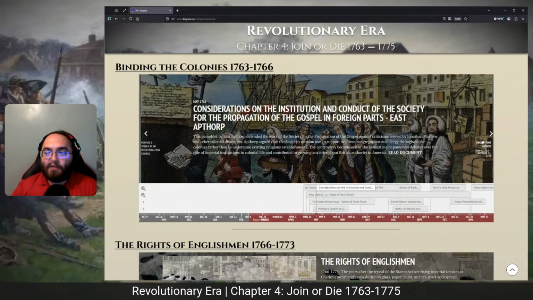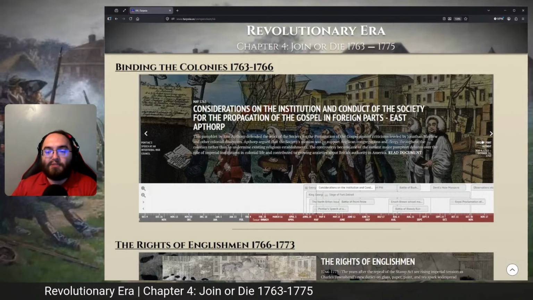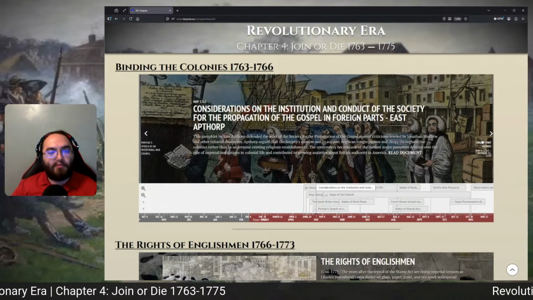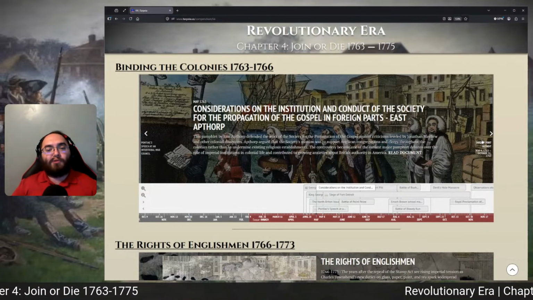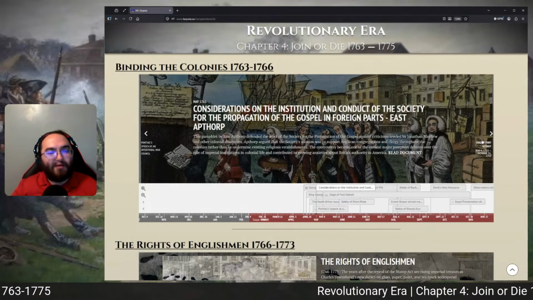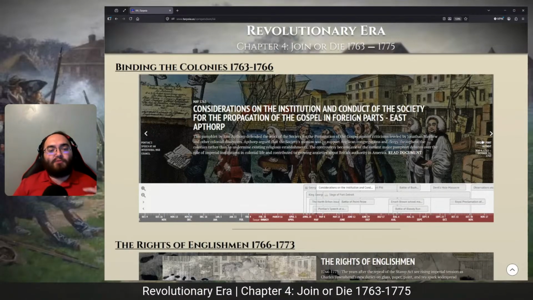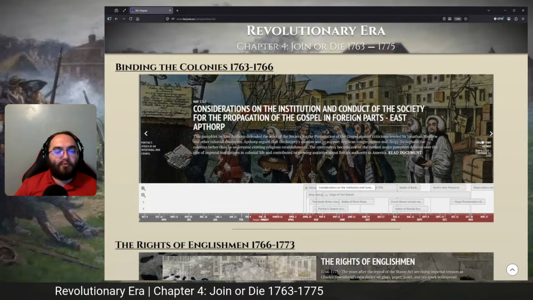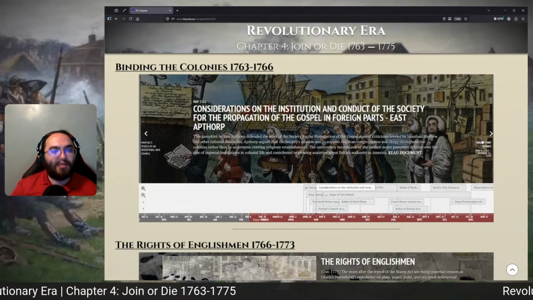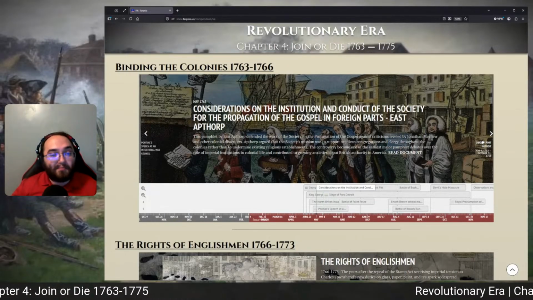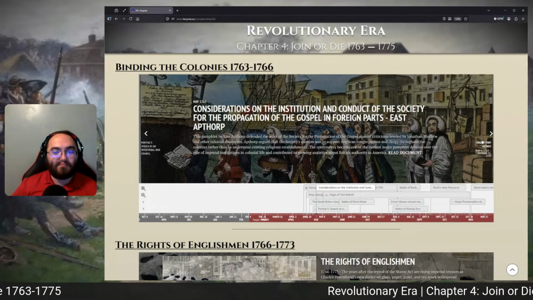And so these religious leaders in the colonies will start to debate each other on the issues of church and state. And they're going to be debating each other through writing essays and publishing them in newspapers.